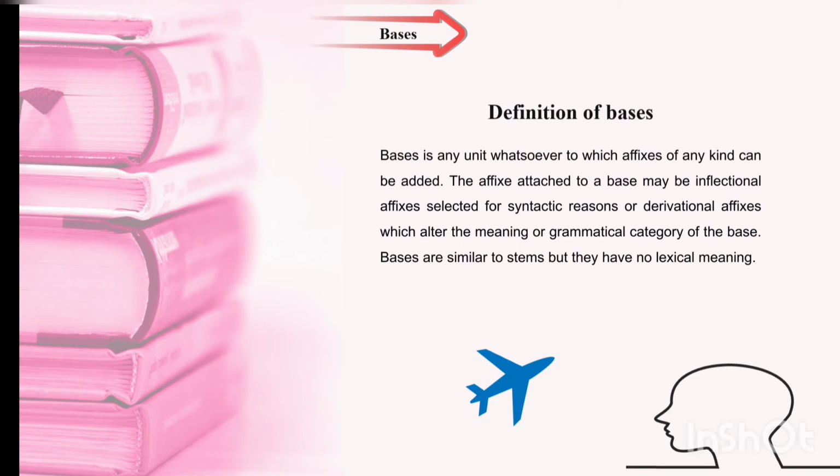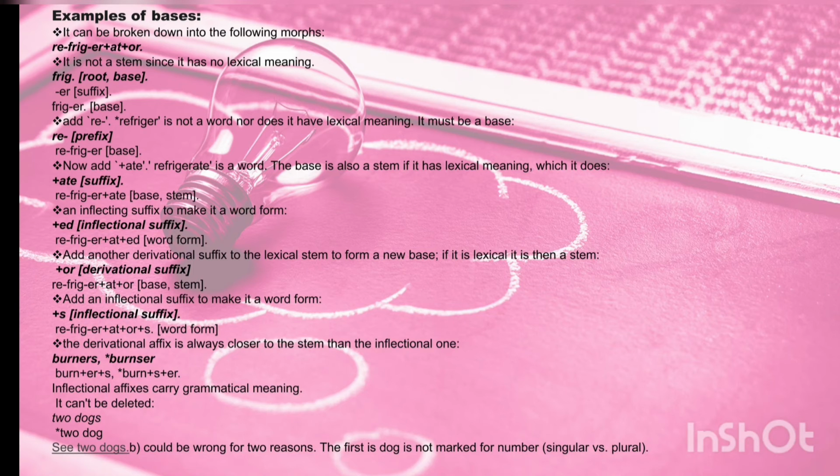Definition of base. Base is any unit whatever to which affixes of any kind can be added. The affix attached to a base may be inflectional affixes selected for syntactic reason or derivational affixes which alter the meaning or grammatical category of the base.